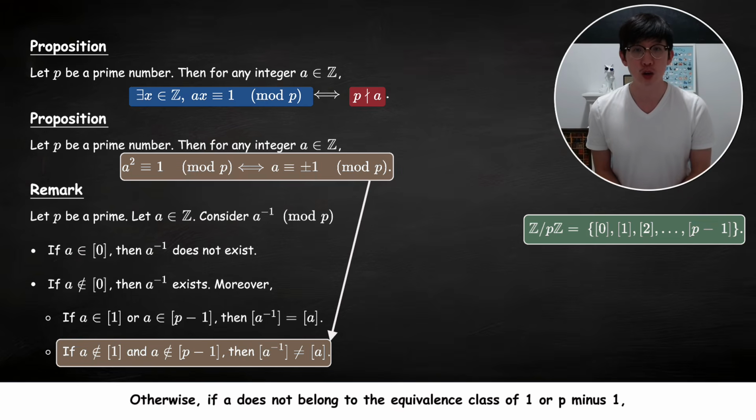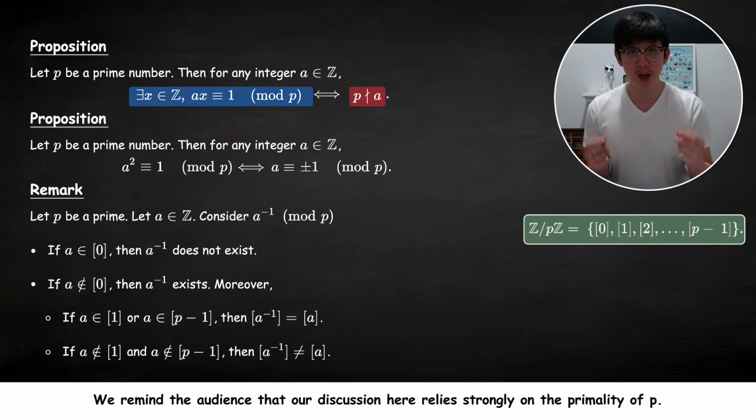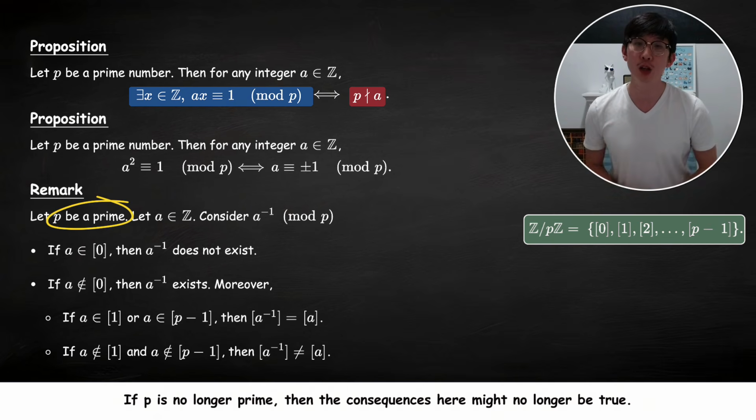Otherwise, if a does not belong to the equivalence class of 1 or p minus 1, then a and the inverse of a belong to distinct equivalence classes. We remind the audience that our discussion here relies strongly on the primality of p. If p is no longer prime, then the consequences here might no longer be true.